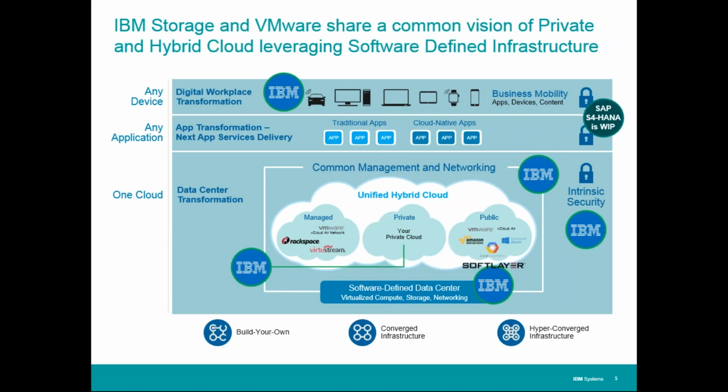So on the private cloud, we obviously have extensive supportability with IBM infrastructure today. As previously mentioned, you can also leverage the IBM cloud, right, through SoftLayer, which is something that we announced, I believe, at the beginning of 2016, actually more specifically in February of this year.